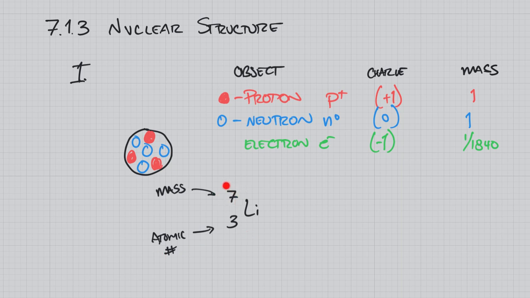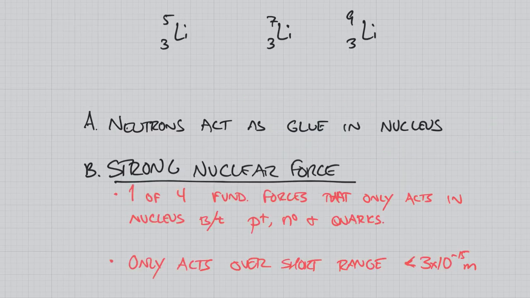That tells me the number of protons and neutrons, which are both called nucleons, just anything in the nucleus. And so how many neutrons would this lithium have? It would have 4, 7 minus 3.